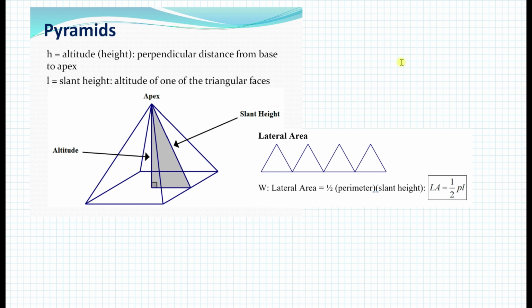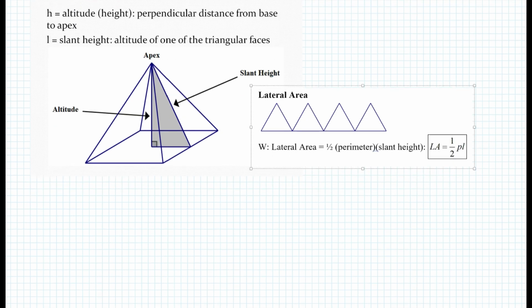Okay, so how do we obtain 1/2 times perimeter times the slant height? Well, let's think of it as follows. Let's say you want to find the area of one of the triangles only over here.